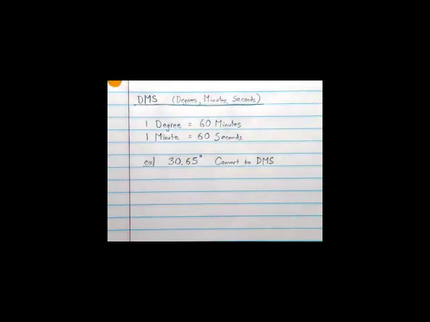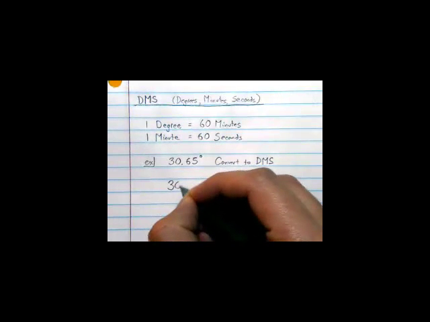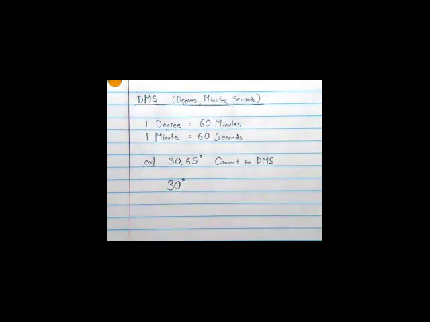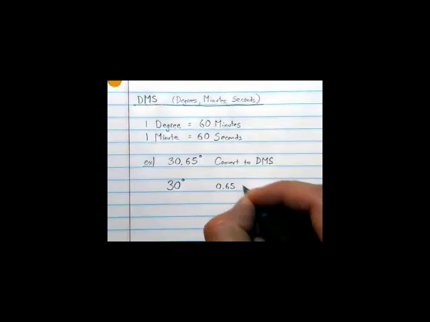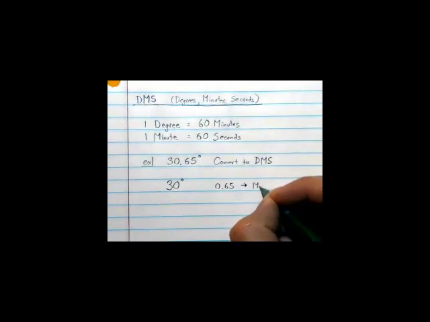And my 30 degrees are still going to be 30 degrees. It's only that 0.65 that I'm really concerned about turning into minutes and seconds. So I can hold on to the 30 degrees. And so then I want to know, what happens to that 0.65 going into minutes and seconds?